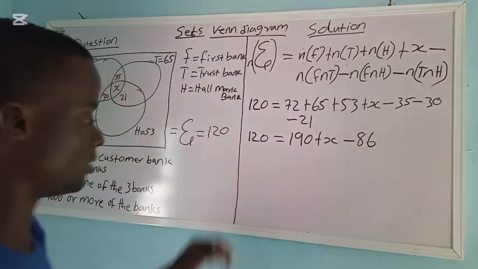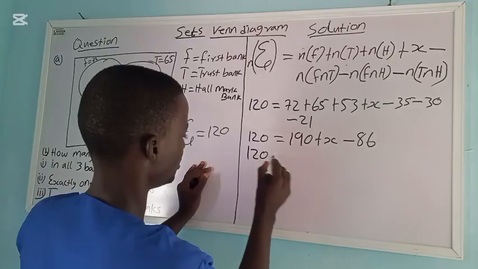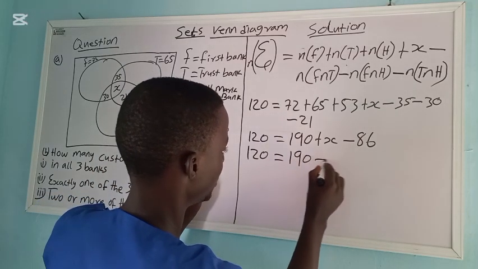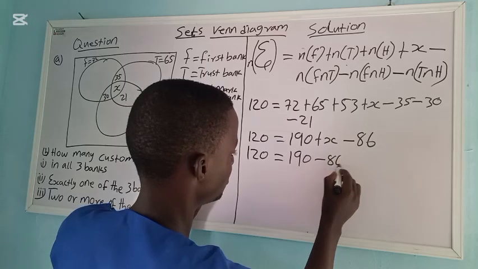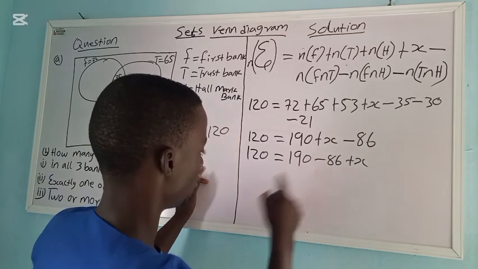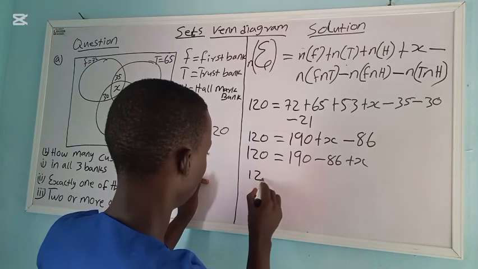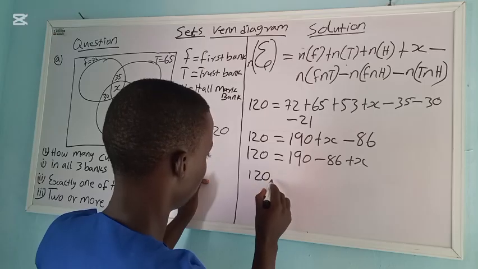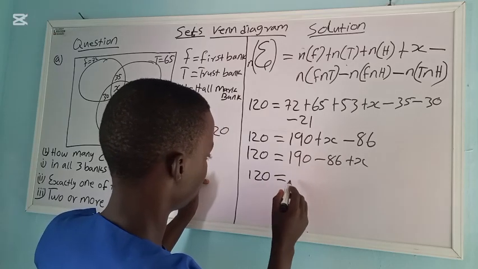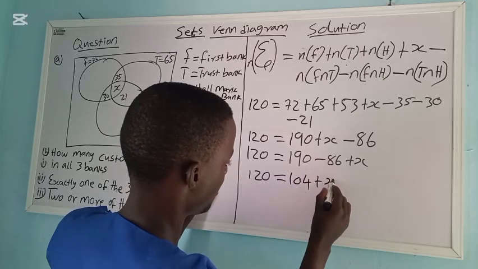So now, when I said 120 is equal to 190 minus 86 plus x. So now, 190 minus 86, we have 120 is equal to 104 plus x.